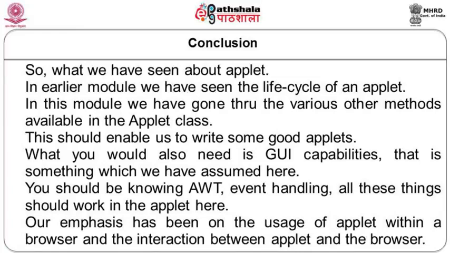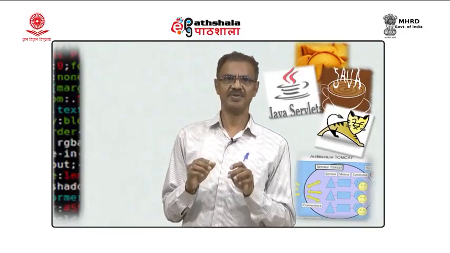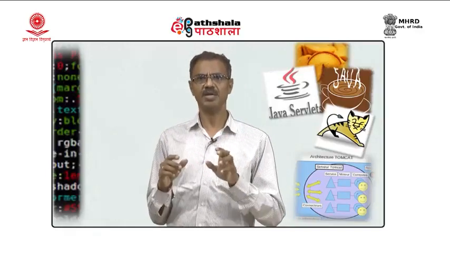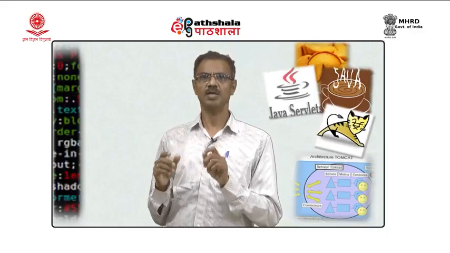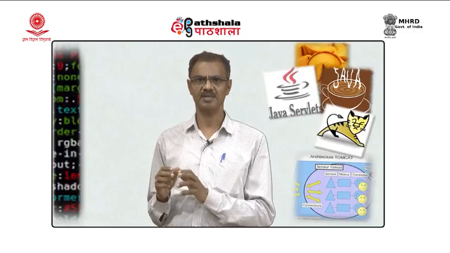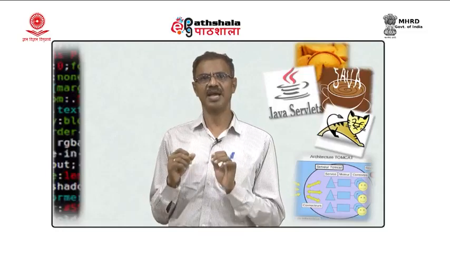Our discussion here has been more on the usage of an applet by the browser, and the interaction between the browser and the applet that takes place. So in summary, in the earlier module, we have seen the life cycle of an applet. In this module, we have gone through the various other methods available in the applet class. This should enable us to write some good applets.